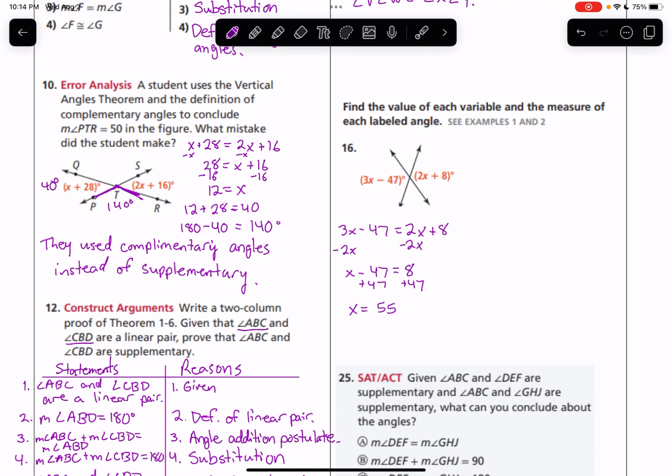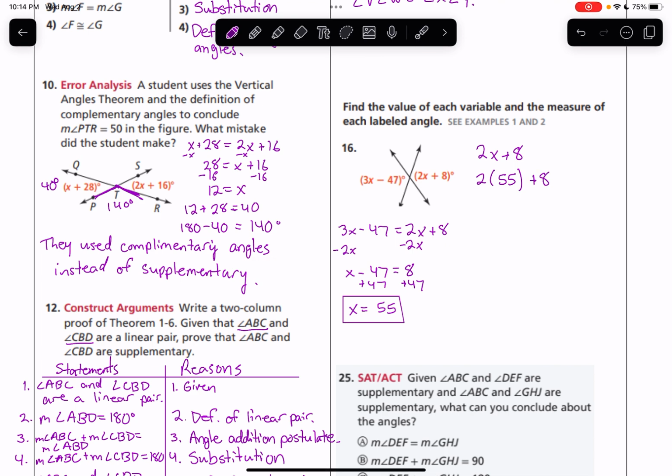It says find the value of the variable. So that's here. And then we also have to find the measure of each labeled angle. So we have to go in, plug this into one of those angles. It doesn't matter which one because they're vertical. So if I write 2x plus 8, that's the same thing as 2 times 55 plus 8.